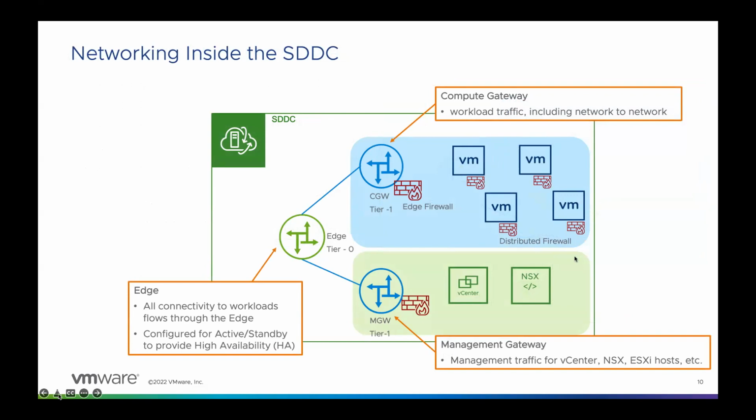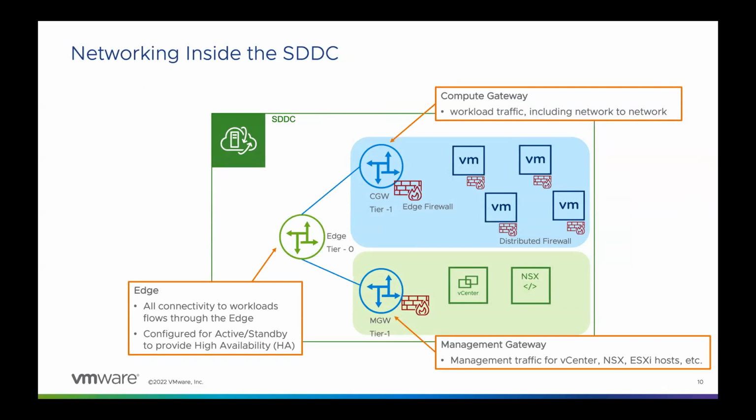So as mentioned, the compute gateway, you can see that there are a bunch of virtual machines in there. The microsegmentation, so firewall policies apply to the specific virtual machines. You also have your edge router, which is going to be configured in active standby. So if this router does go down, there are 2 that are deployed. I've ran multiple tests.